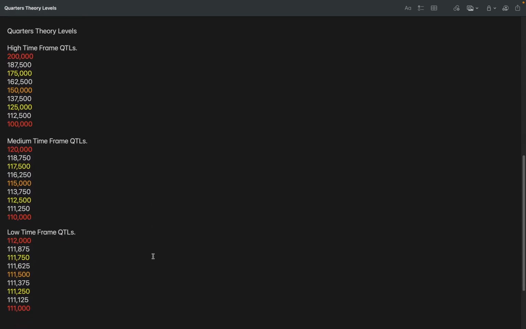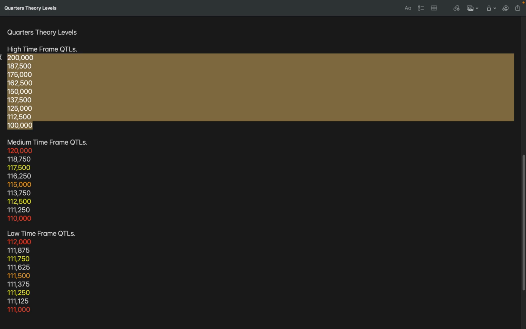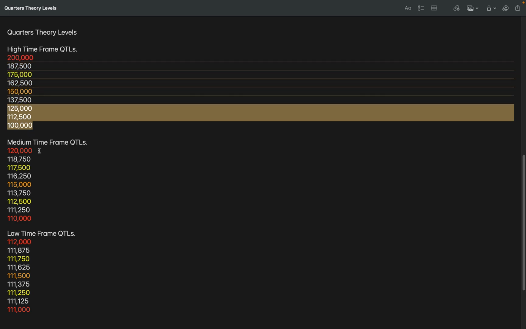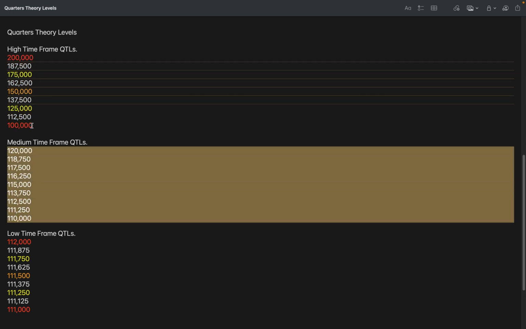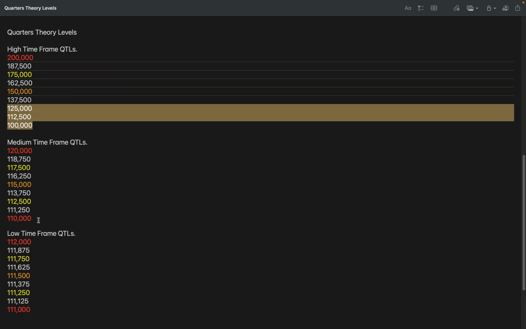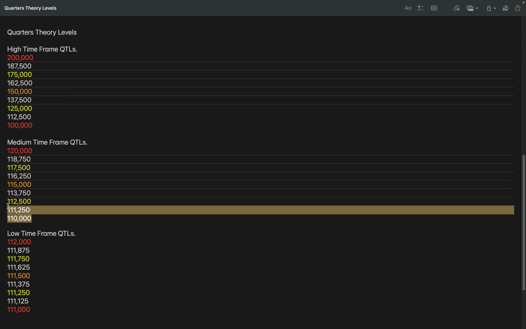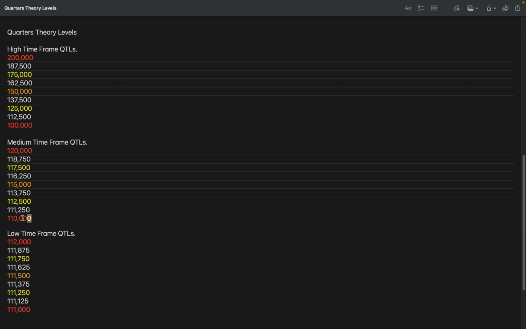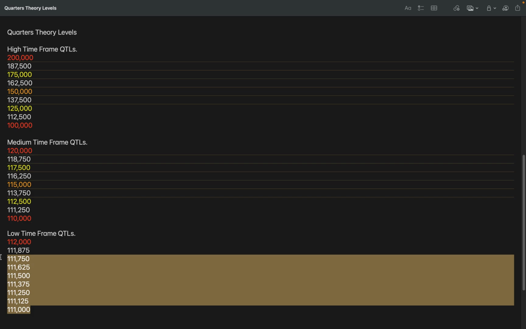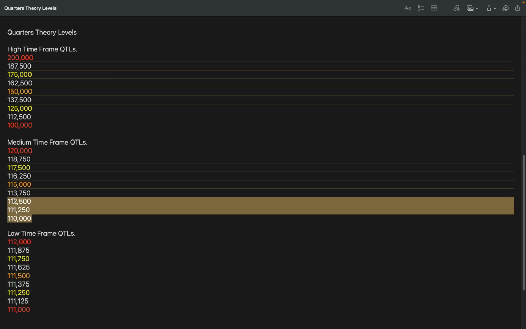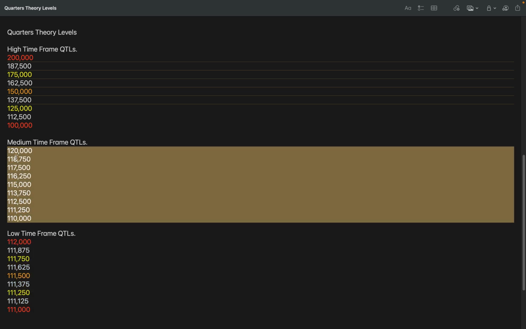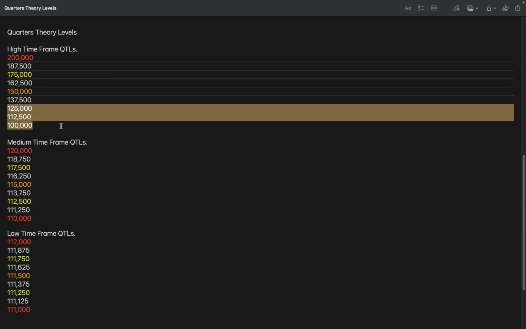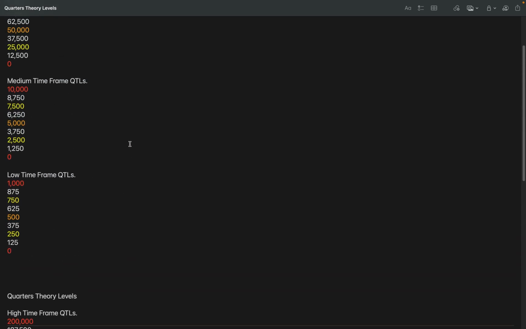Remember, we have this range, but then this range is inside of this range, okay? So we have this range, but this range is inside of this range, right? This range is inside of this range, and this range is inside of this range. So hopefully that makes sense.